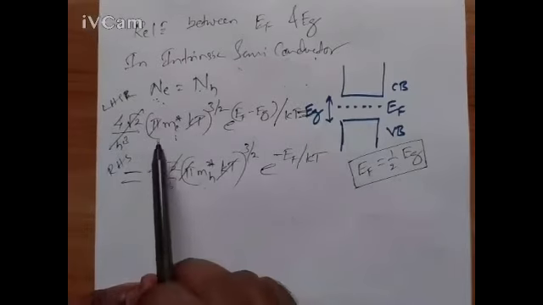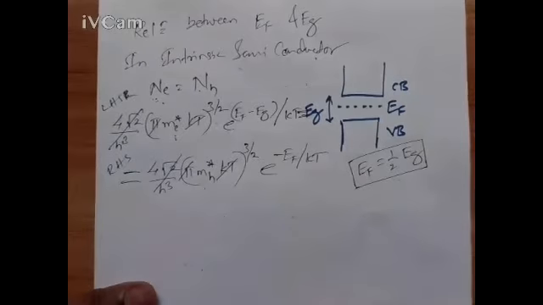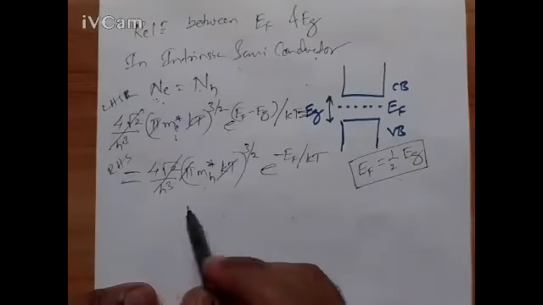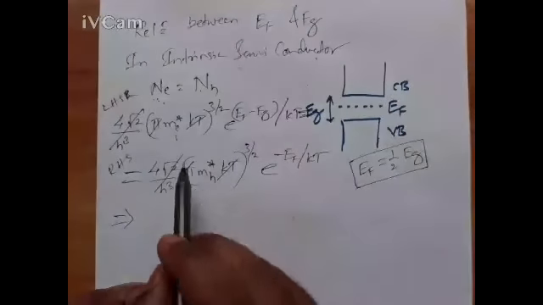In the examination, don't bother about this. You can skip this step and directly write Ne is equal to Nh, that is equal to, okay. What remains in the LHS?